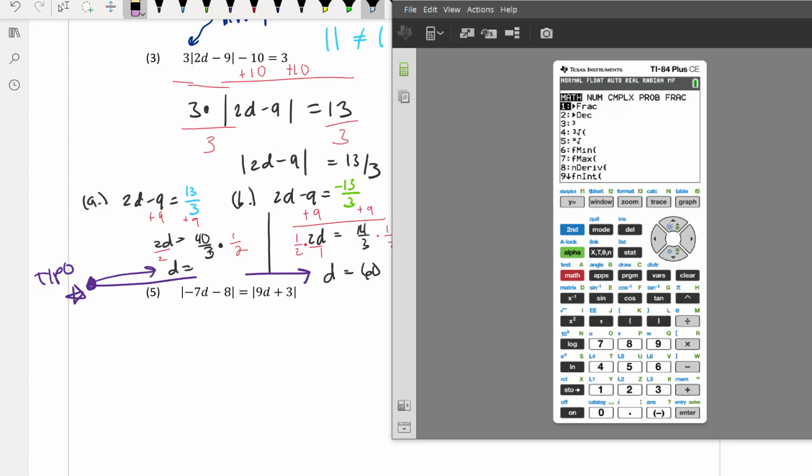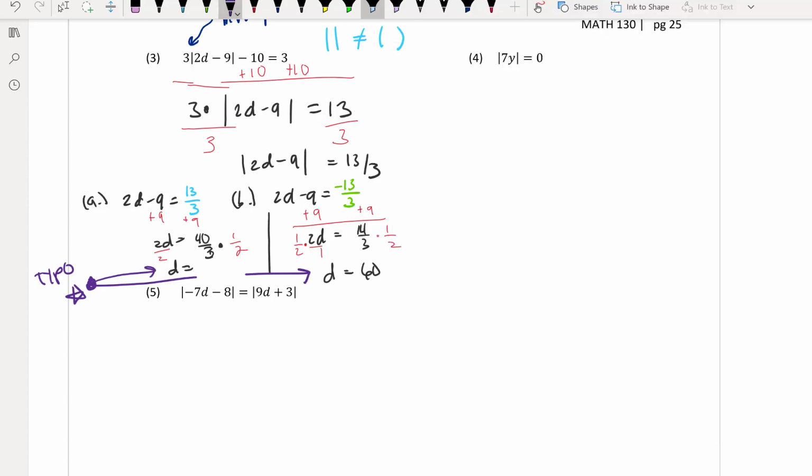So I'm going to go to math. Now it says number 1 fraction, so press enter again, and I get 20 over 3. That should be the correct answer, 20 divided by 3. So there it is. So d is equal to 20 divided by 3.